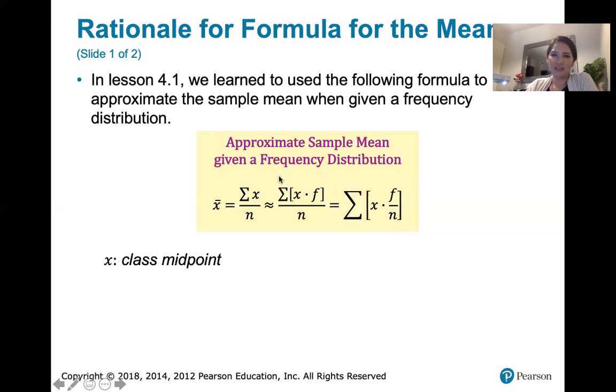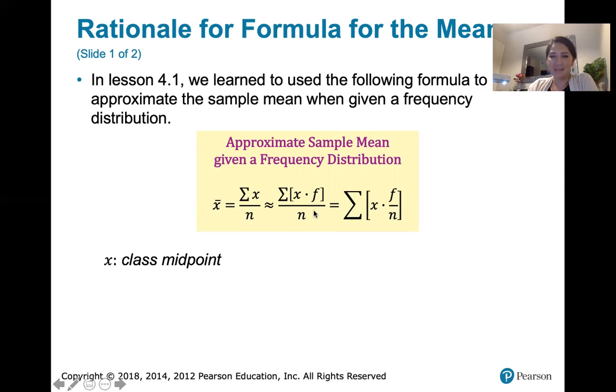So in this formula here in the middle, x does not represent a value, it represents the class midpoint. So we took all those class midpoints, we multiplied them by frequencies to get an approximation of the sum of the values in that class. So that's an approximation of the sum of the values in that class, and then you add them all up, so you have the sum of the values in all the classes, which is an approximation of this numerator over here. And then you divide by the sample size.